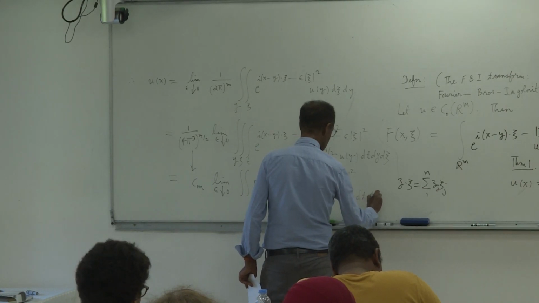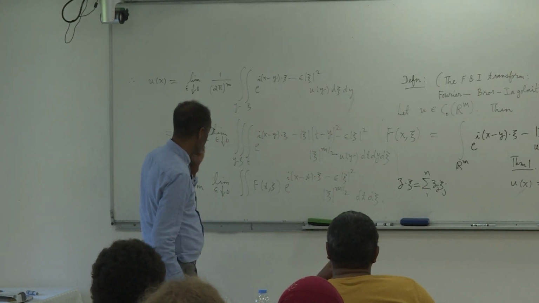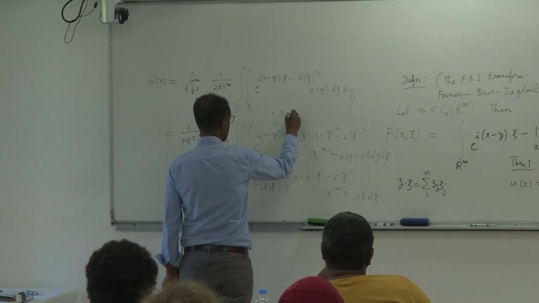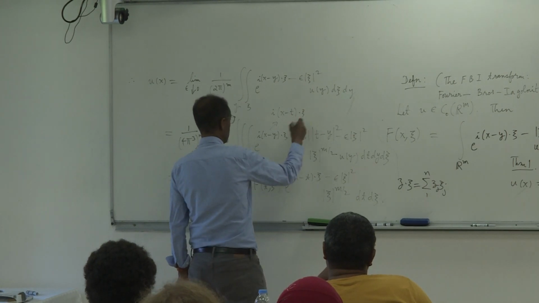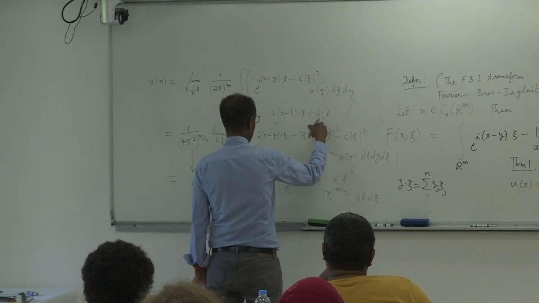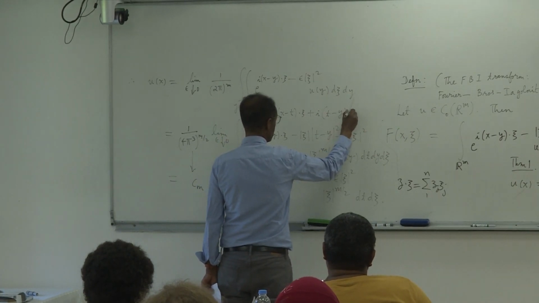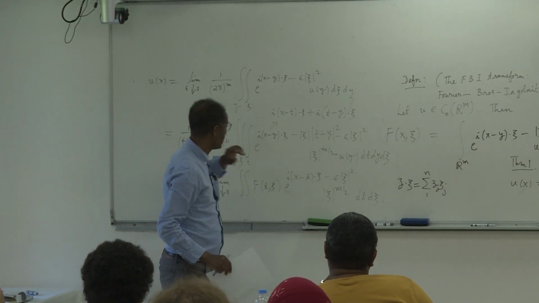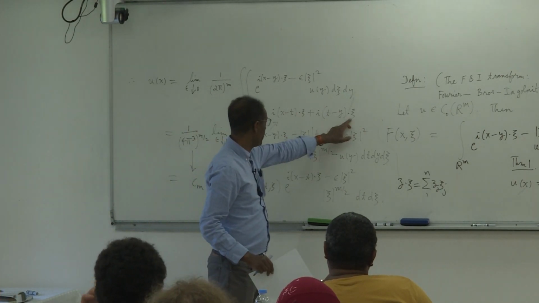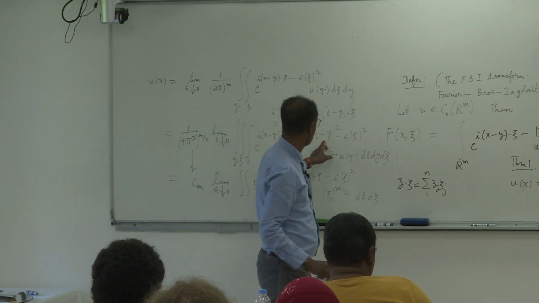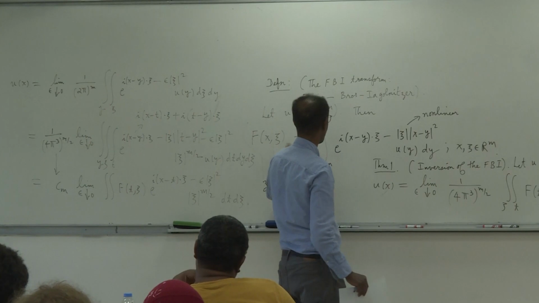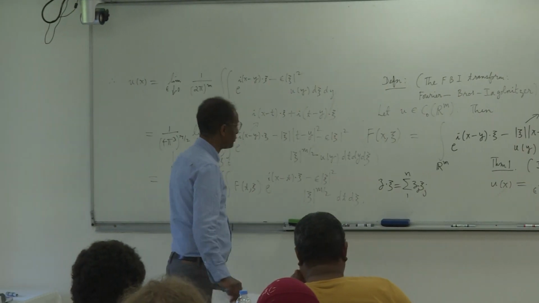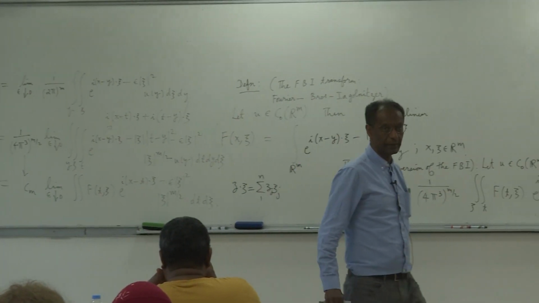Let me explain this. You see in here, you can write this part as i times (x-t)·ξ, and then pay back the t, but there is minus y·ξ. So I write this like this. So this part is staying here. This part, e to the i(t-y)·ξ, together with this and u is exactly what the FBI transform is, okay? And so that proves the theorem, the inversion formula, okay?